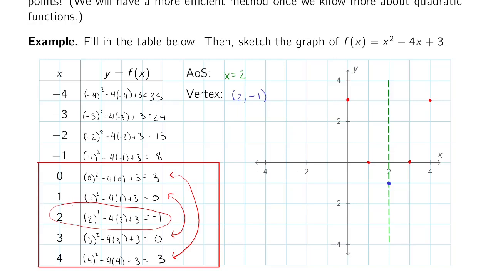And I can just now sketch a parabola that passes through all those points. So when I draw a parabola, I'm going to make sure it's flat at the bottom. I'm not going to draw it pointed at the bottom. And then I'm going to just kind of sketch as smooth as I can, coming up through all of these points.